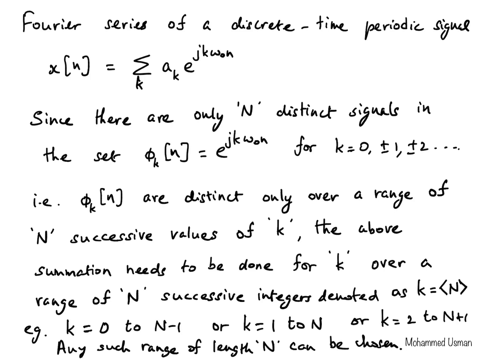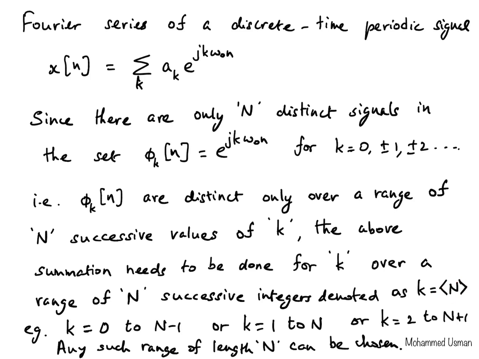In order to do that, we only need to choose the value of k to be n consecutive integers, and we can choose any range as long as they are n consecutive numbers. This information we denote as k representing any n successive values.